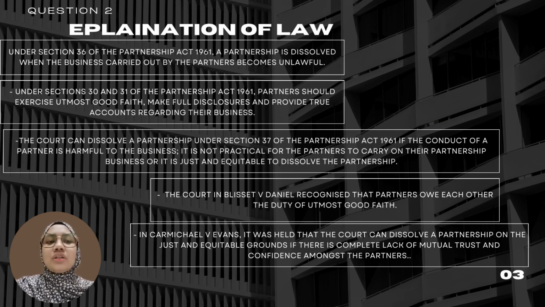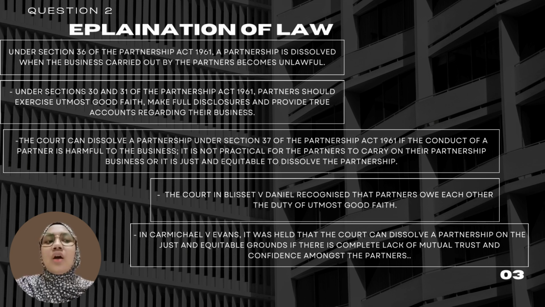Furthermore, according to Section 37 of the Partnership Act, the court has the power to dissolve a partnership in cases where the conduct of the partner is detrimental to the business, where the continuation of the partnership is unreasonably impracticable, or where it is just and equitable.